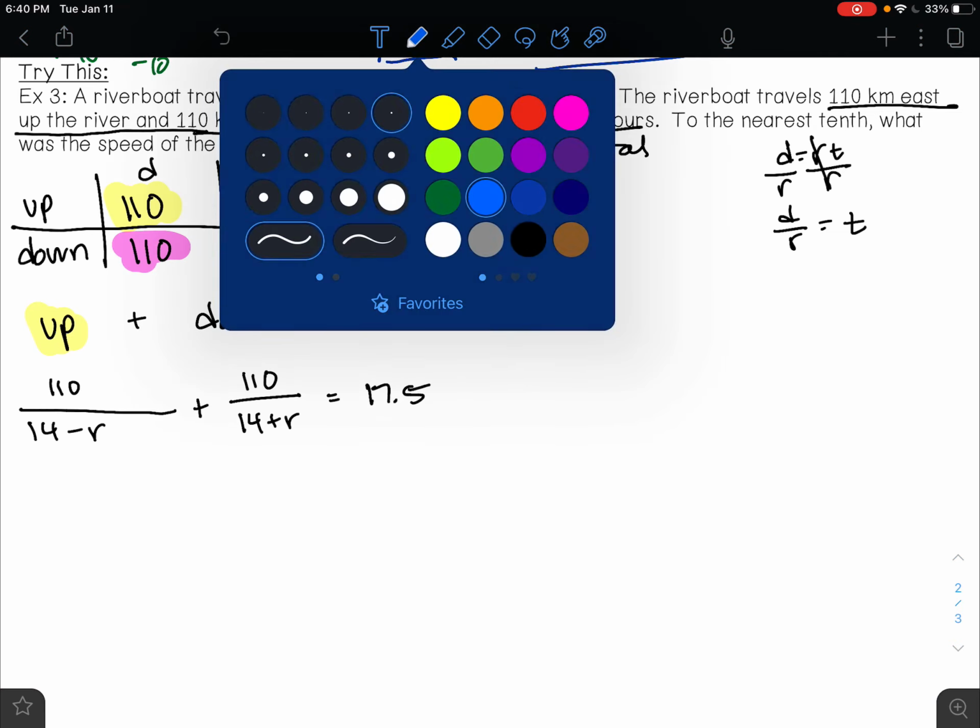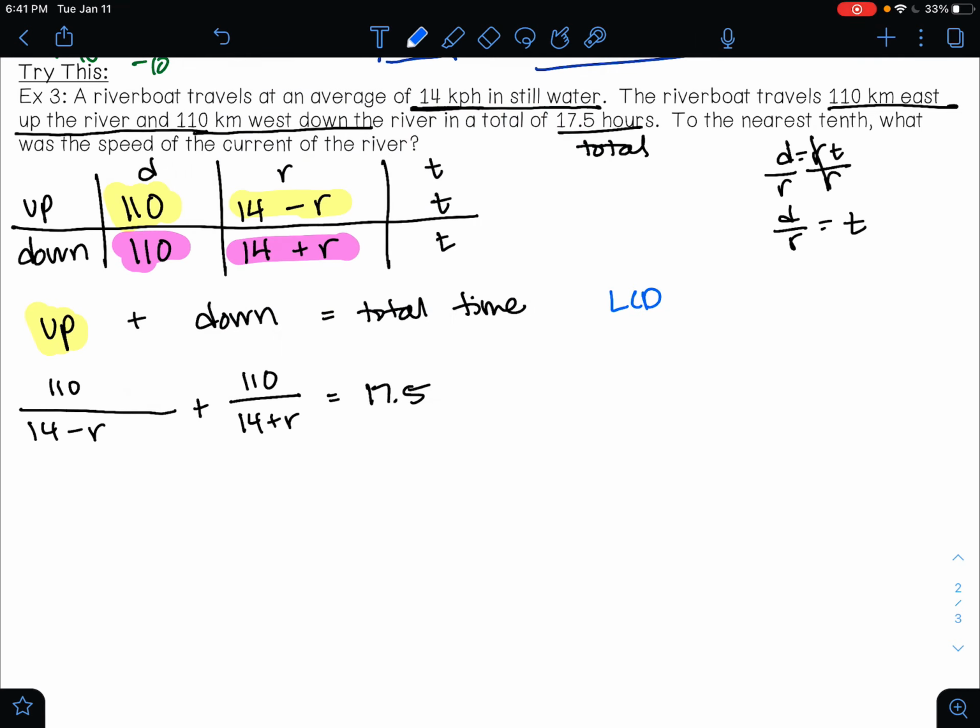Now we are ready to find the least common denominator. So my least common denominator is going to be 14 minus R times 14 plus R. That is what I am going to multiply every term by.